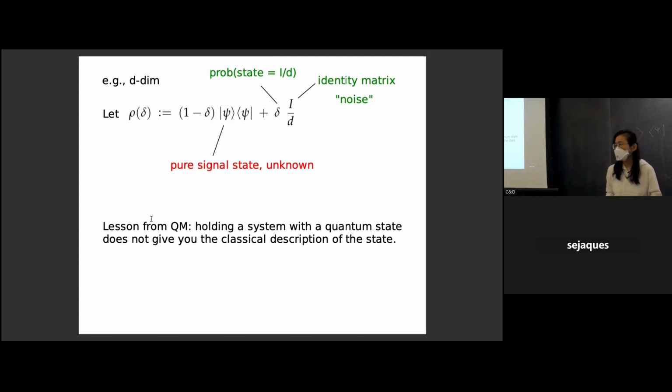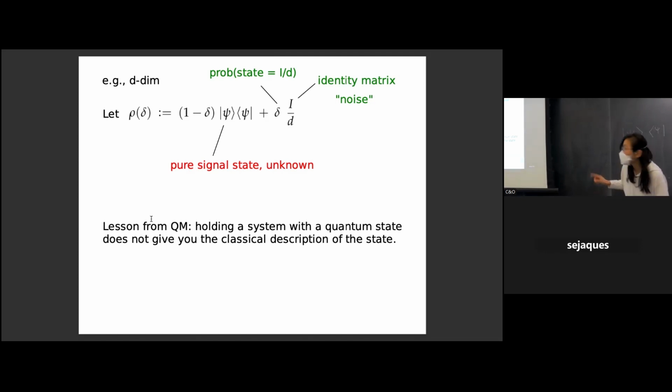Having a copy of that state in your hand does not allow you to learn about those coefficients. That's just a fact from quantum mechanics that I would need to mention. And so you should consider that the rank 1 state is a pure signal state, but you don't know what that signal is. You want to learn something about it, but you're not knowing it upfront.